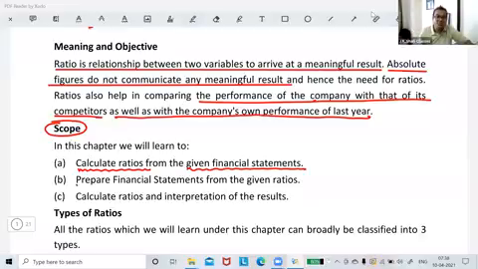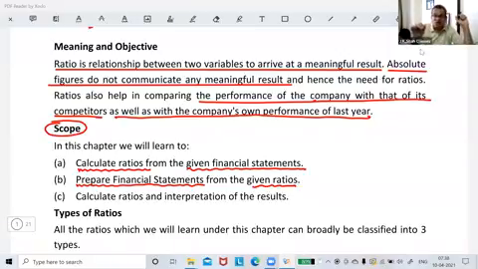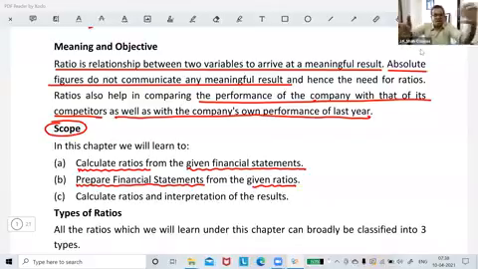Now, a little advanced question: prepare financial statements from the given ratios, like going in reverse. Generally you will feel like, okay, take this income statement, take this balance sheet, pick up the values, go on calculating ratios. But this is like a puzzle.